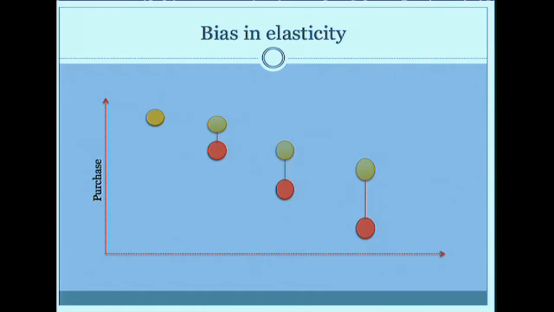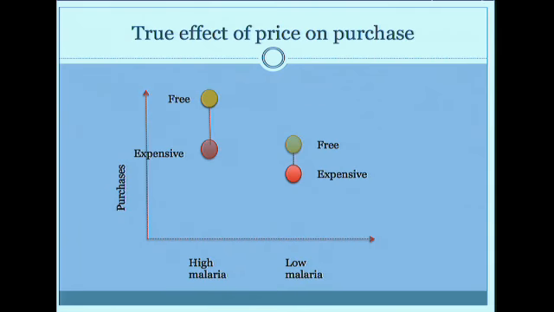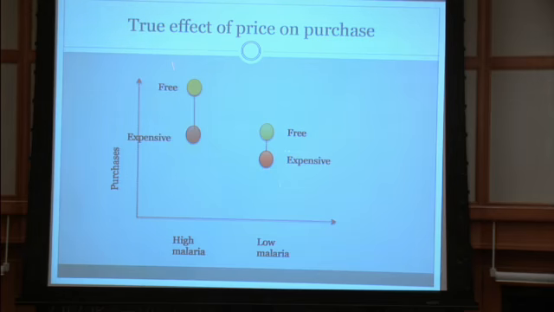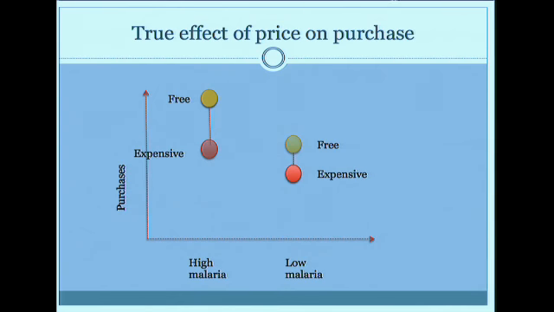In other words, if we go back to this graph, the places that got the free Bednet and the places that had to pay for the Bednet, if they had gotten it for free, they would be at the same level. And if they had to pay for it, they would be at the same level. There is now no difference between the region who paid for the net and the region who didn't pay for the net.